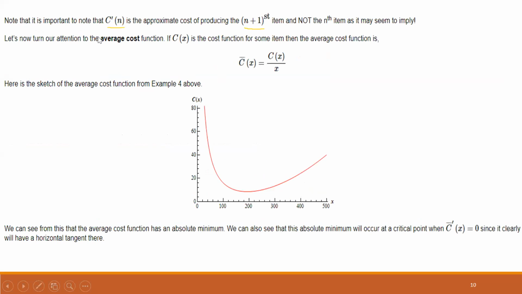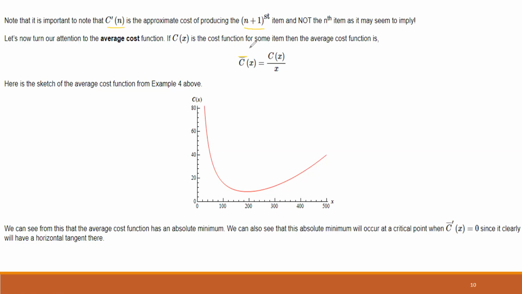Now let's turn our attention to the average cost function. And as the name suggests, if C(x) is the cost function for some item, then the average cost function, which is going to be C with this little bar on top, is basically the cost function divided by x, right?